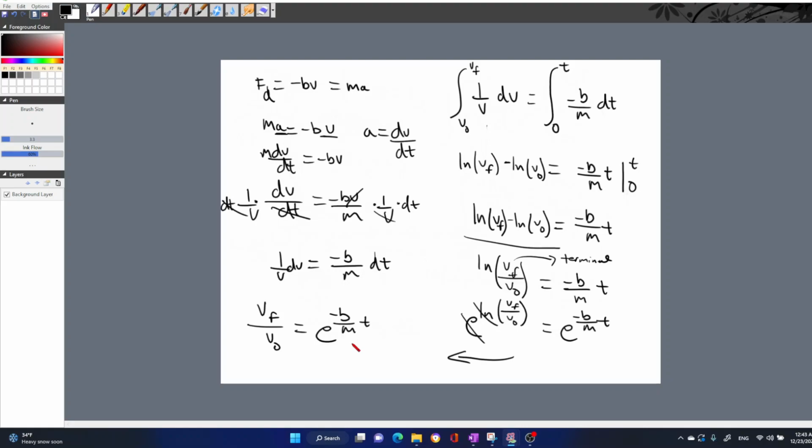And finally, since we're trying to solve for vf, we just multiply both sides by v naught, so we get v naught e to the negative b over m times t is equal to vf. And this right here is our expression. I'm going to erase some of this and then write it up here again so that you can see it better.